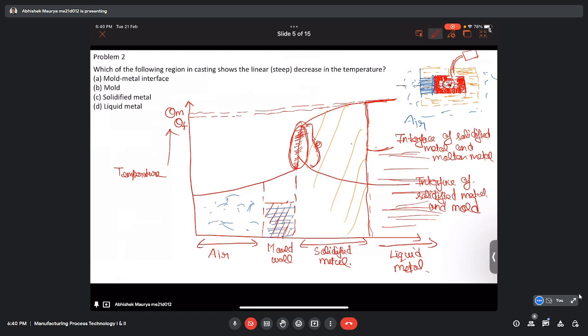Because of that, there is a big drop of temperature just near the vicinity of the solidified metal.